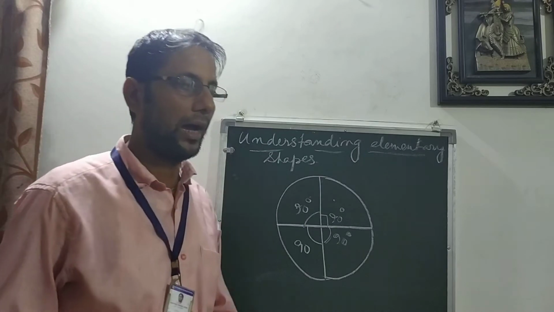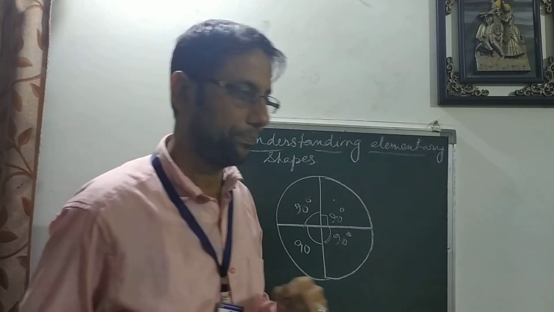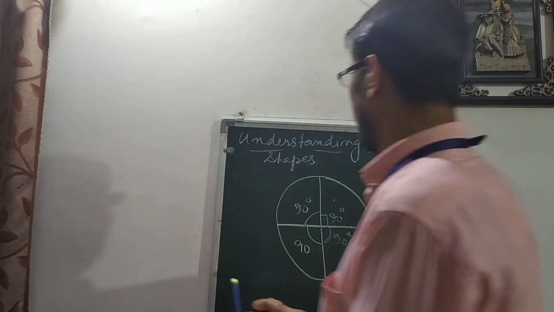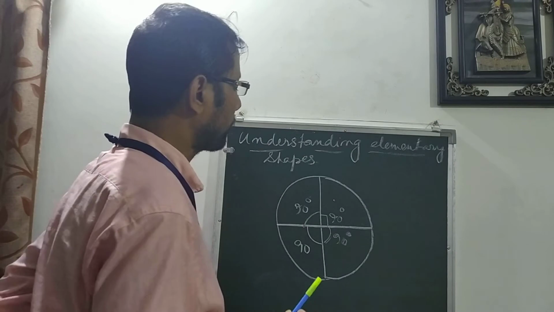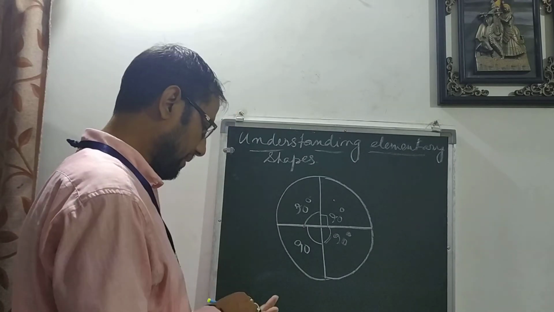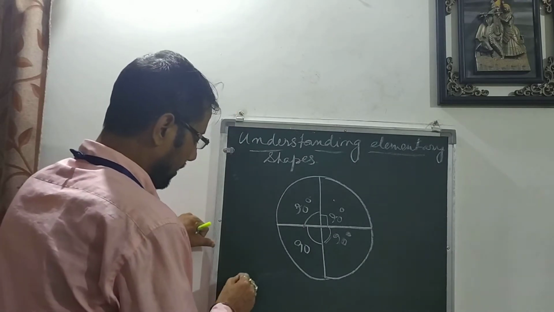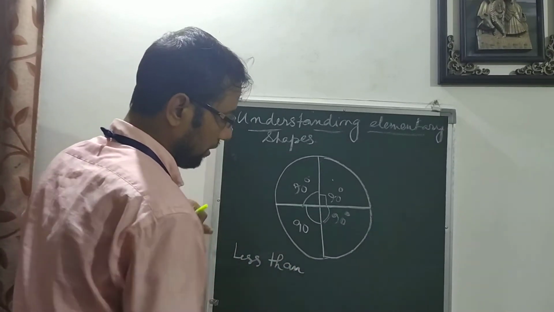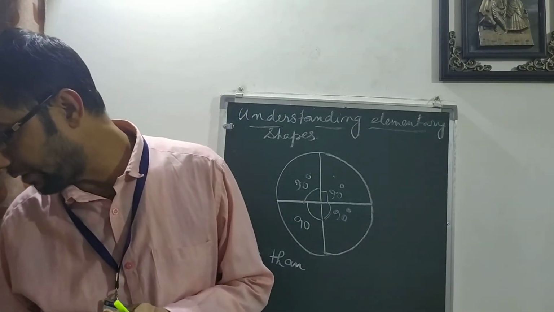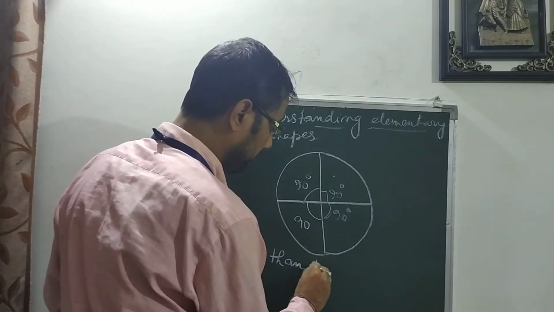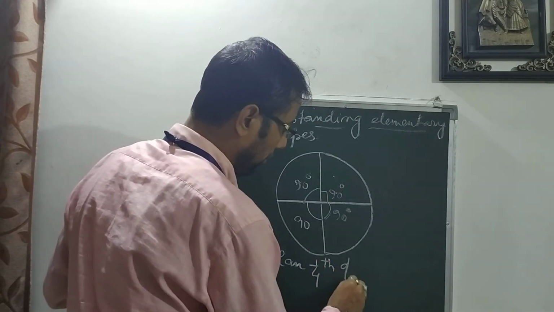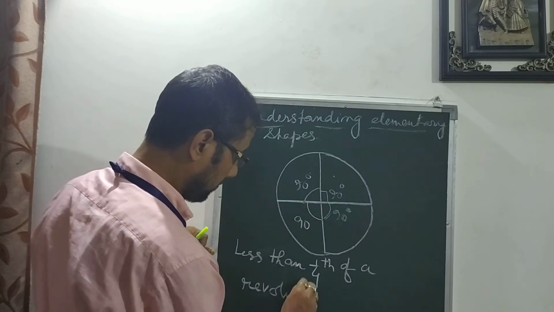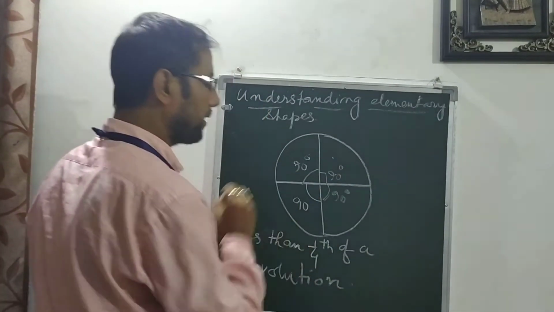Now students, let us take one example. The first question is given: less than 1/4 of a revolution. What does it mean?